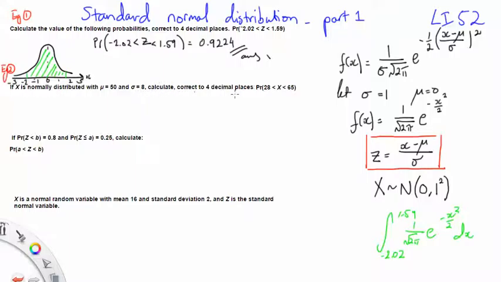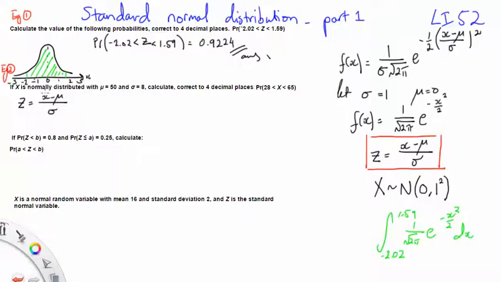Calculate correct to 4 decimal places the probability that it lies between 28 and 65, this continuous random variable. So what you do is you create a z value. So you say, alright, I'm going to normalize this. Write out your formula, z equals x minus mu over sigma, and do your substitutions.